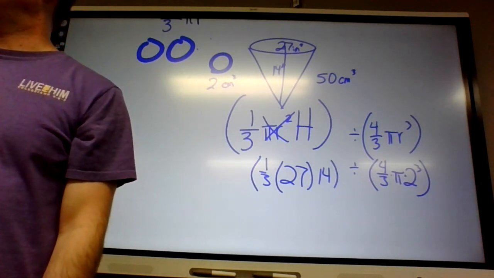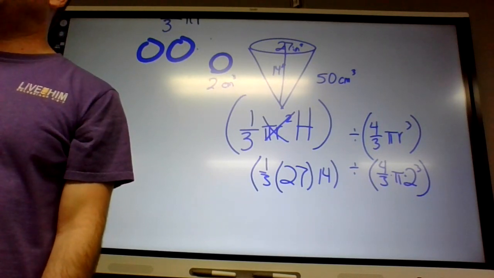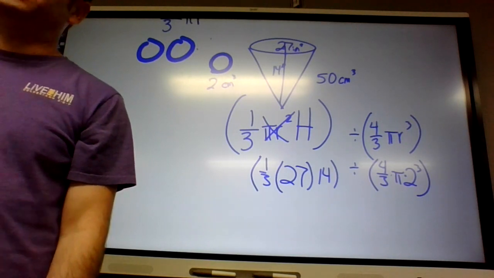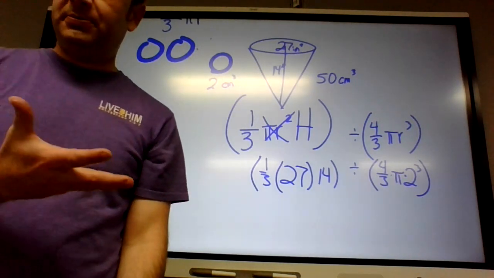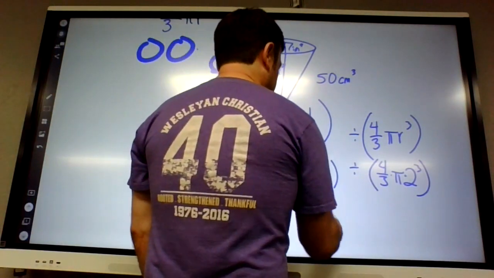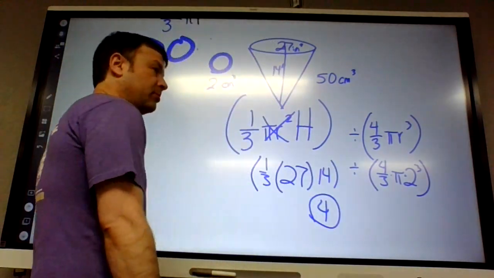All right, what'd we get? Hopefully 3 point something, right? 3.76. So you've got to use 4 basically to cover it all. So the answer is 3.76 rounds up to 4.